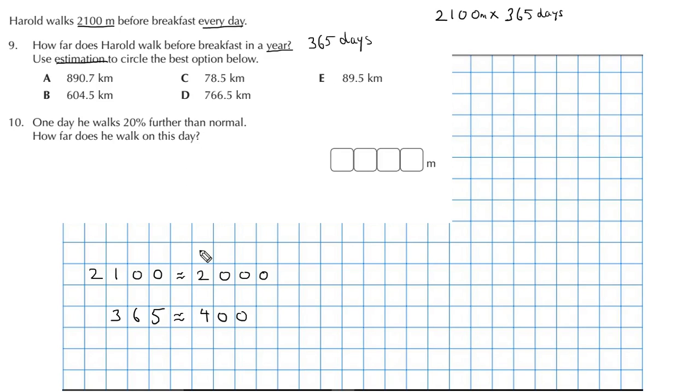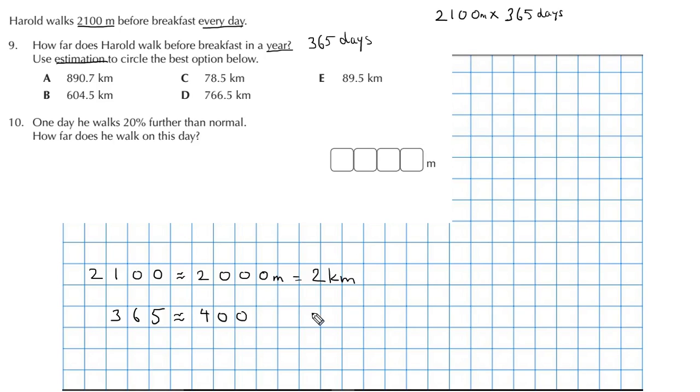So I can do something here that's going to make my calculation even easier, because I know that 2,000 meters equals 2 kilometers.